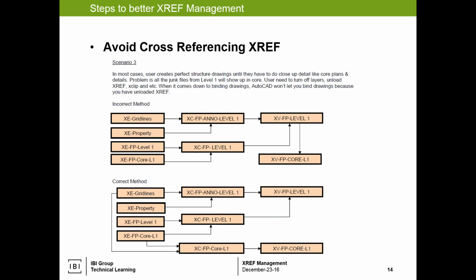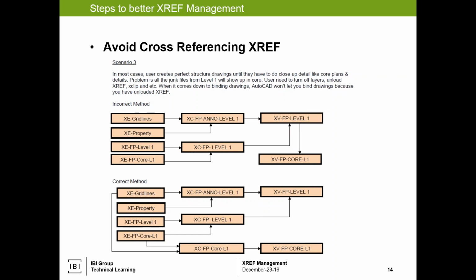Let's go to the third scenario, okay? Let's say, for example, this is a perfect scenario where you've done everything correctly, and then you reference everything to level 1. Now you want to do a core plan. So what a lot of people do is XREF this level 1, put it into a core plan, and then X-clip them, okay?